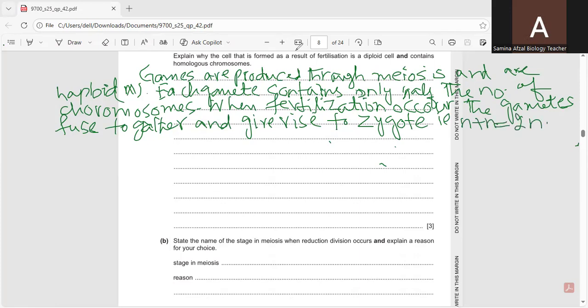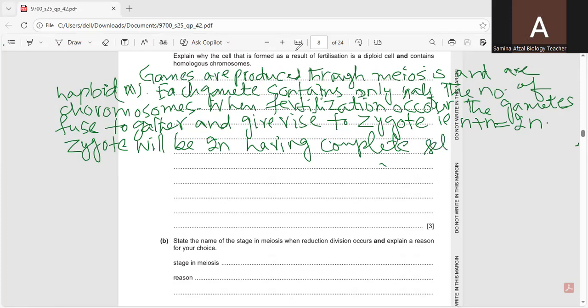So the zygote will be 2n, having a complete set of chromosomes.